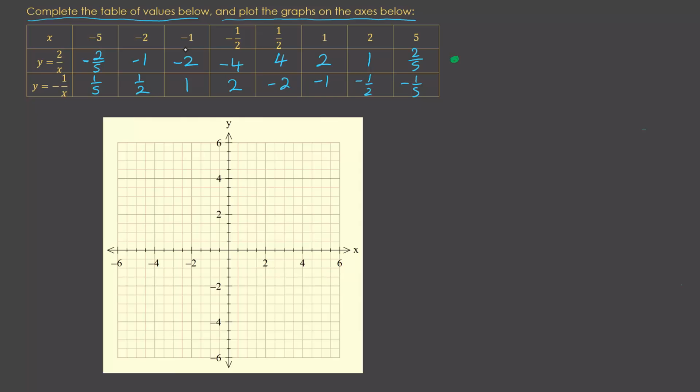So let's do this top one. Let's do that in green. So -5, -2/5, that's going to be right down here. -2, -1 would be just here. -1, -2 would be here.